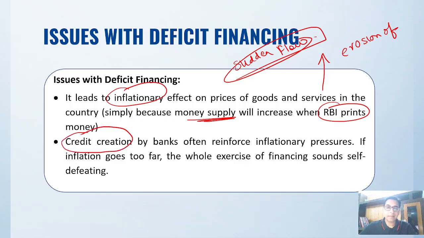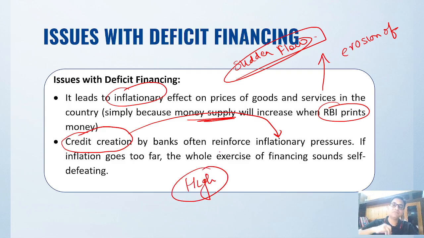Credit creation will be happening and it will reinforce the inflationary pressure. And if inflation goes very high, it will defeat the whole purpose of deficit financing, because we needed money for capital formation and everything.